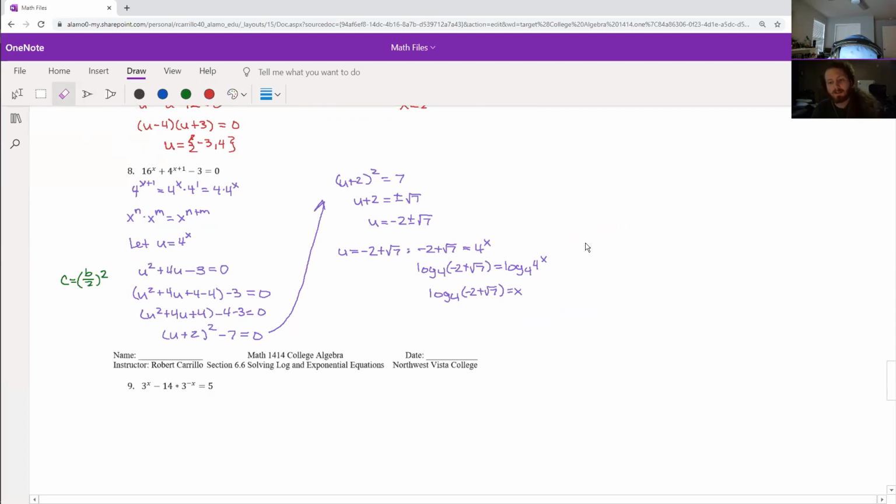I'll write it like this: U equals negative 2 minus the square root of 7. You could just say that this is less than 0, so it won't work. Sad face.